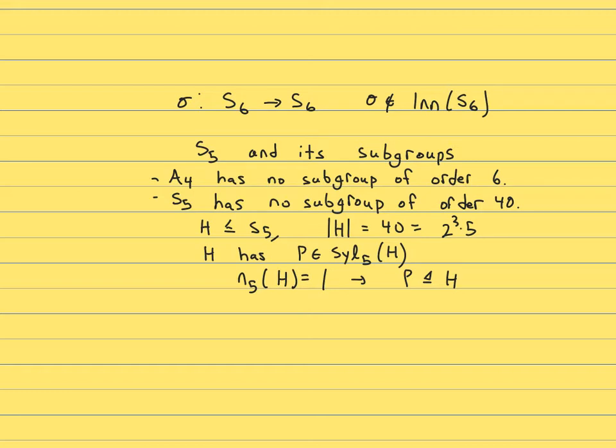But we're working with a permutation group, S5. So in particular, P is going to be generated by a 5 cycle. Up to conjugating our subgroup of order 40, we can actually assume that we're talking about (1 2 3 4 5).